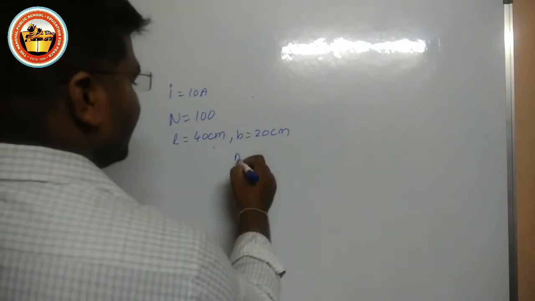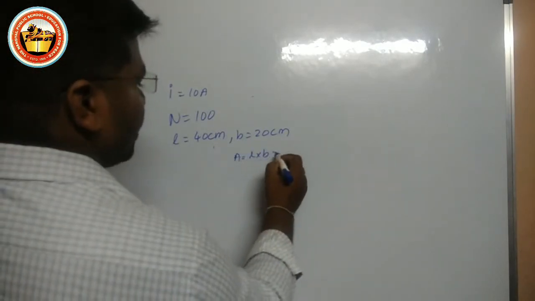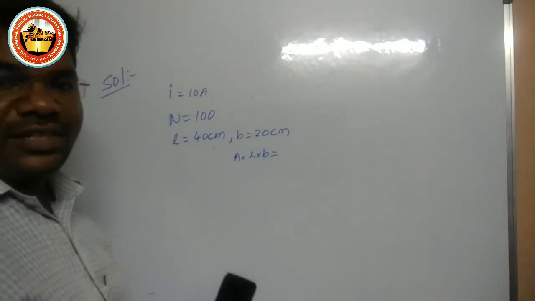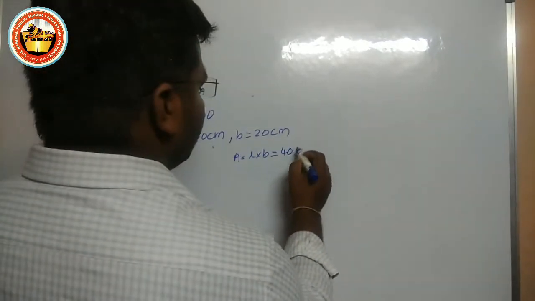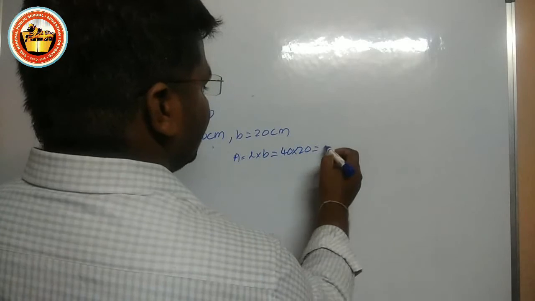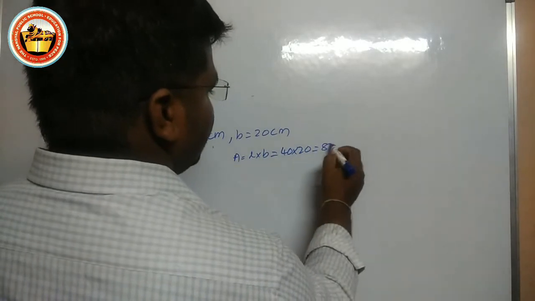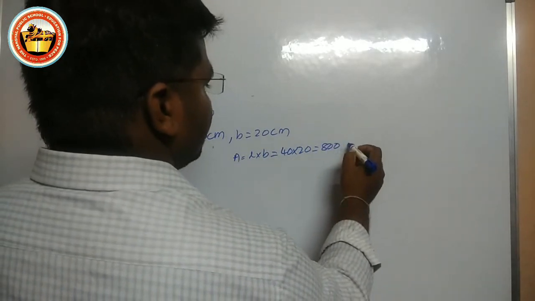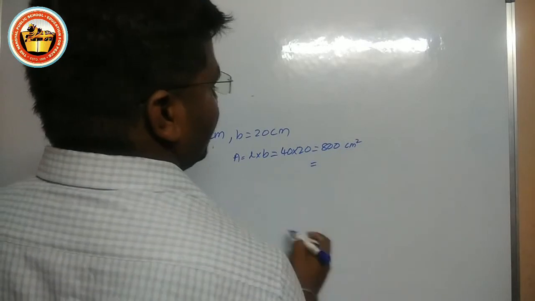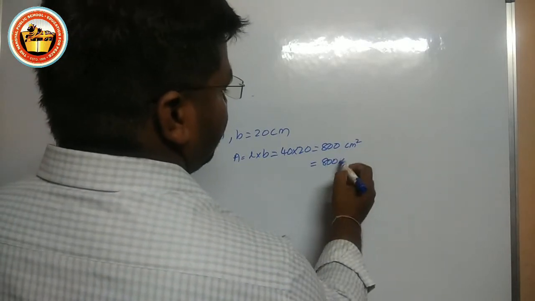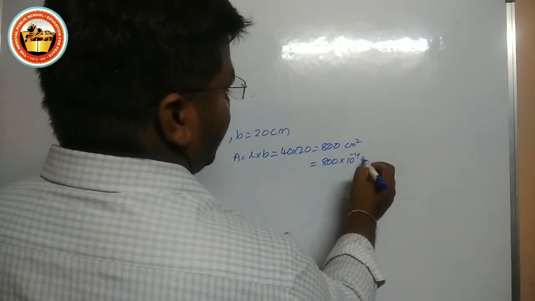We know that area is equal to L into B. So we can get 40 into 20, so we get 800 centimeter square. Okay, understand? So 800 into 10 power minus 4 we can get.